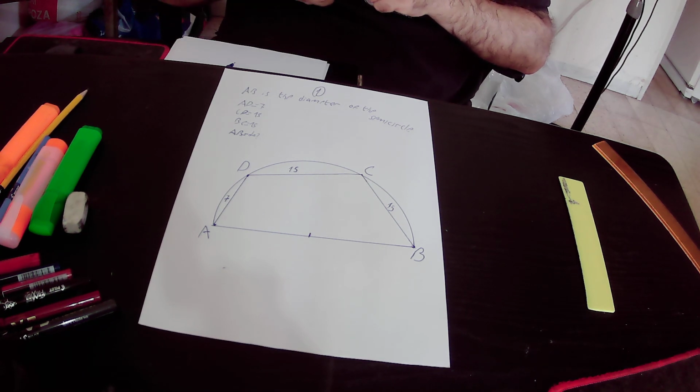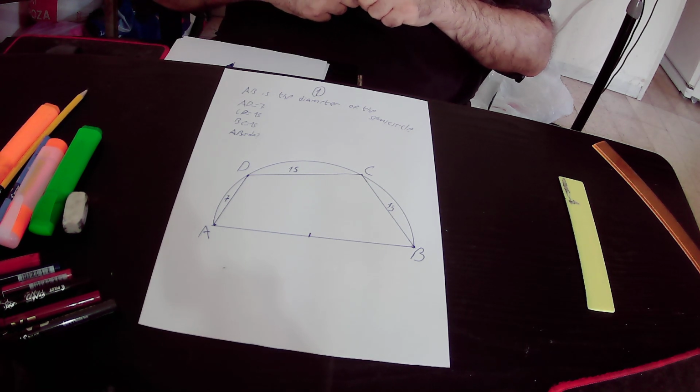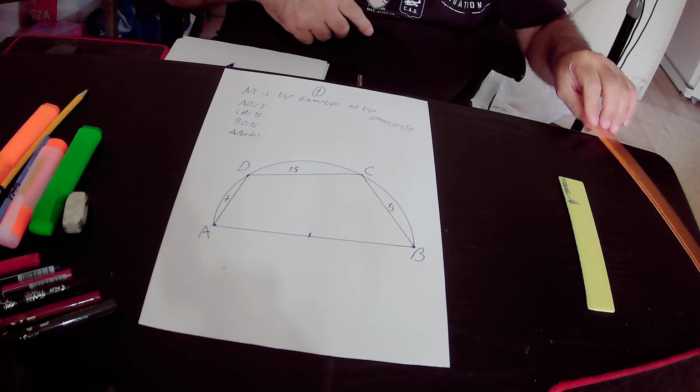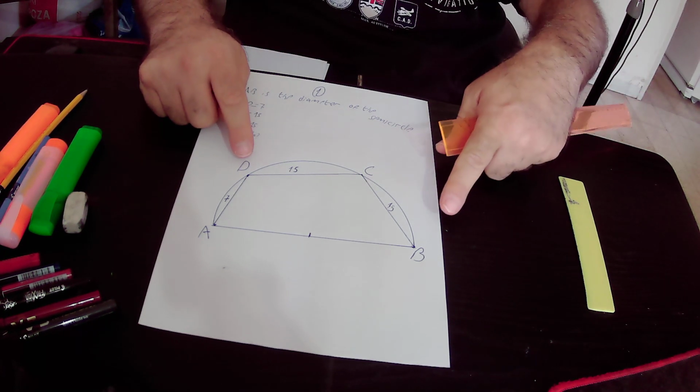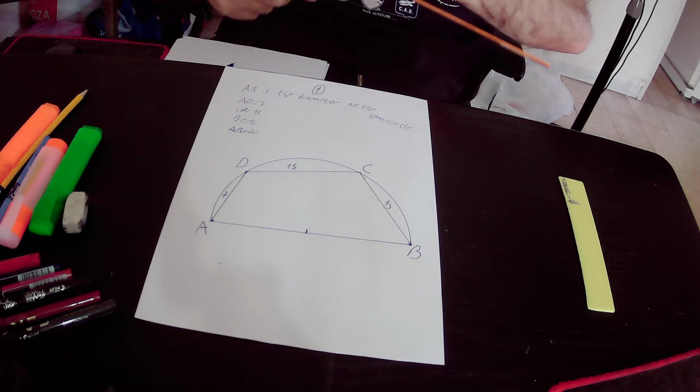So first of all, we'll make a construction. We will join together points D and B by a straight line.